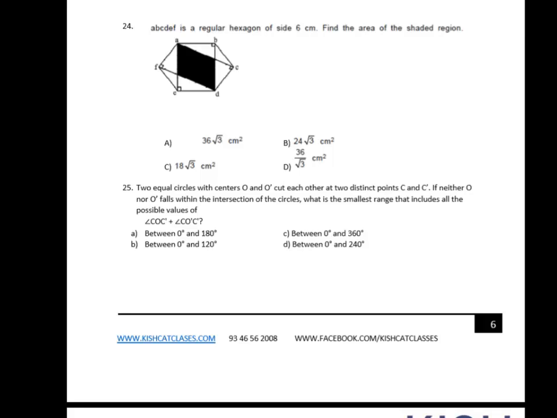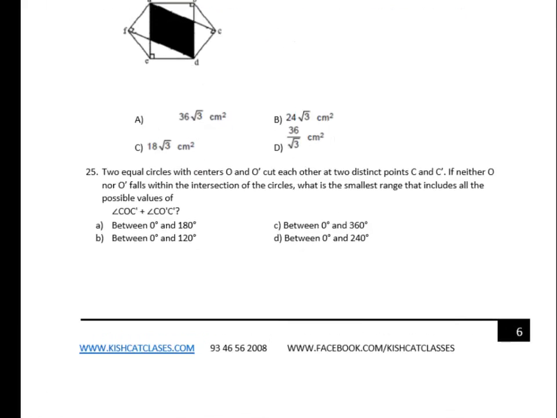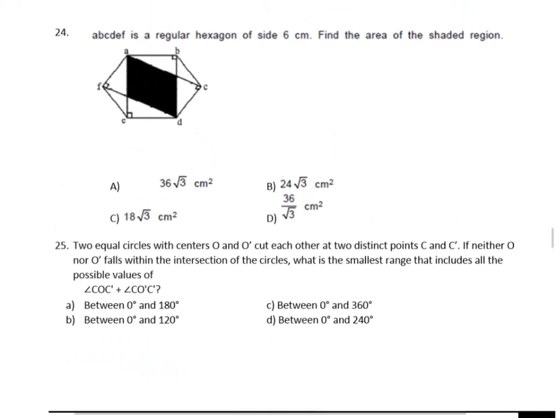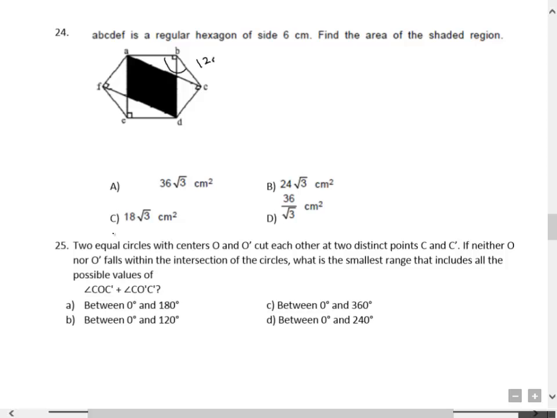It means that each interior angle is equal to 120 degrees. So by using it you can solve. Check this one. The whole angle is 120 degrees. However, it is given as 90, so it means that angle CBD, this part, is equal to 30 degrees.